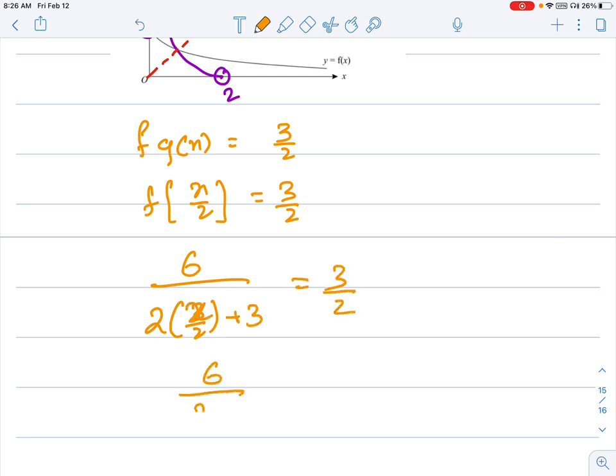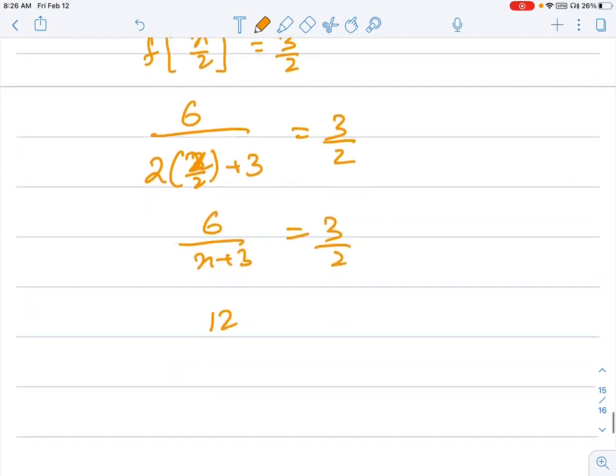So 6 upon x plus 3 is equal to 3 upon 2. 12 is equal to 3x plus 9. 3x is equal to 3. X is equal to 1. So this is the answer.